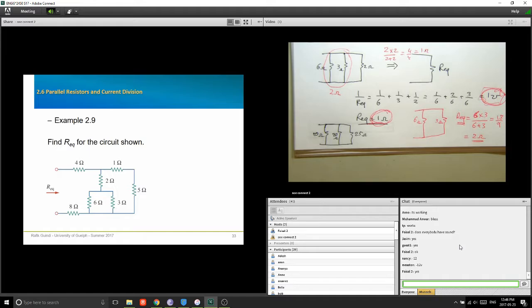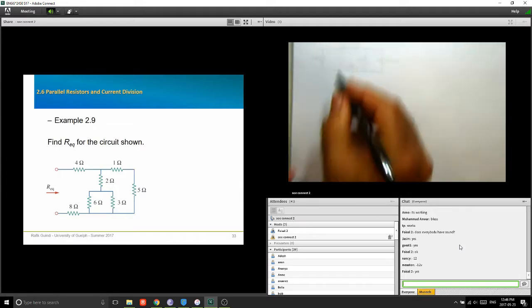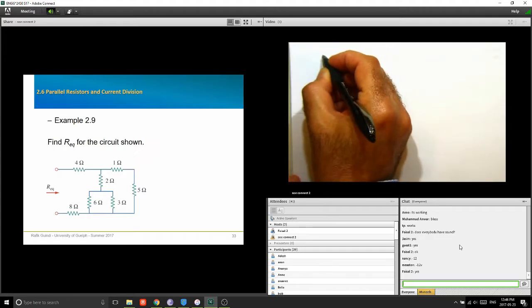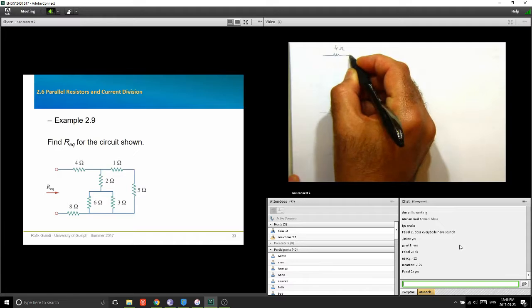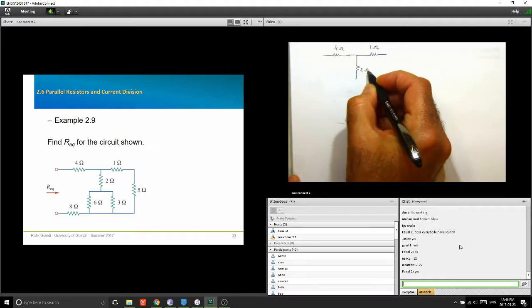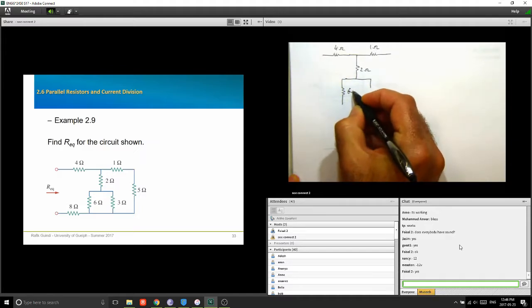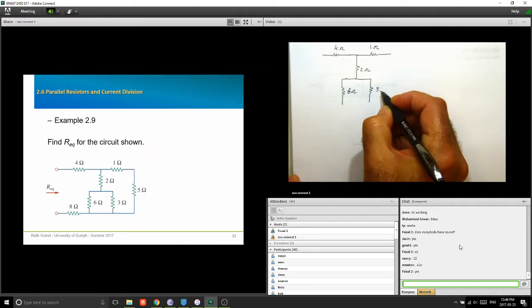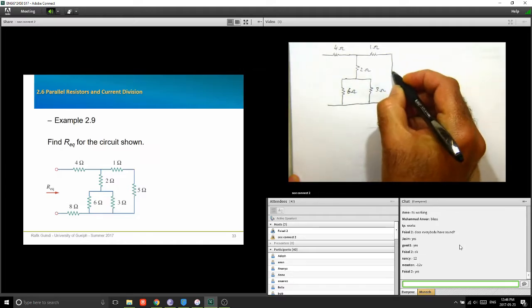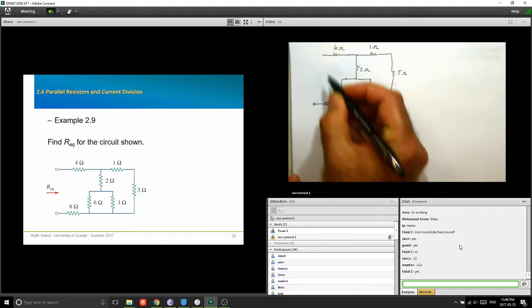So example, find R equivalent for the circuit shown. You have this network of resistors, 4 ohm, 1 ohm, 2 ohm, 6 ohm, 3 ohm, 5 ohm here, and 8 ohm there.